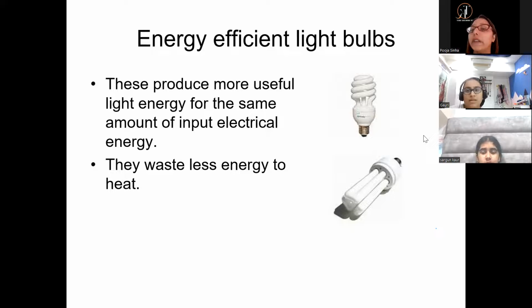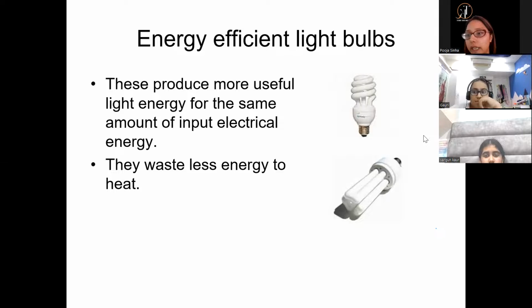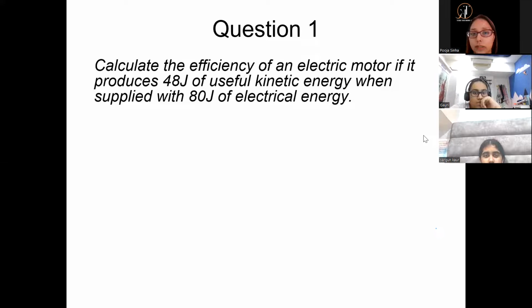Okay. They are more efficient, right? They waste less, more useful energy. They are more efficient. Is it clear? Okay. And they are cost effective.